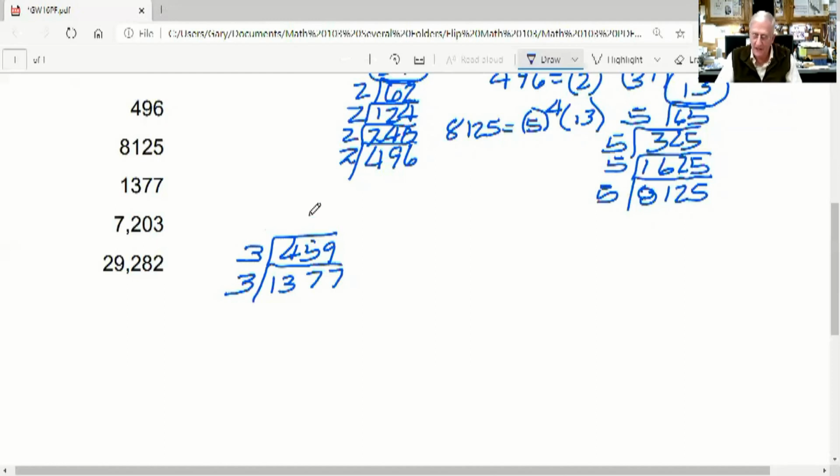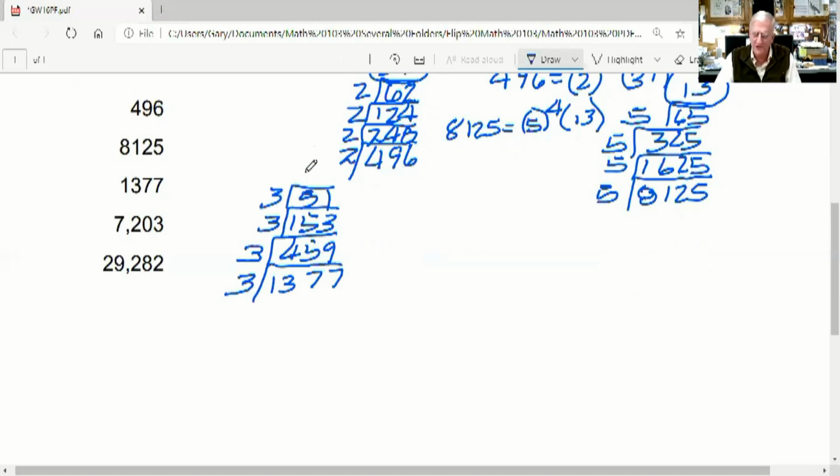So I obtain 153. Well, I would assume I'm going to be able to divide that by 3 also. And you can see if I add 1, 5, excuse me, and 3 together, I get 9. So that's divisible by 3. So is 153, right? So I divide this and I get, it looks like 51. Oh, is 51 divisible by 3?